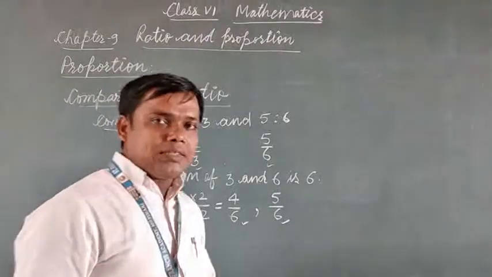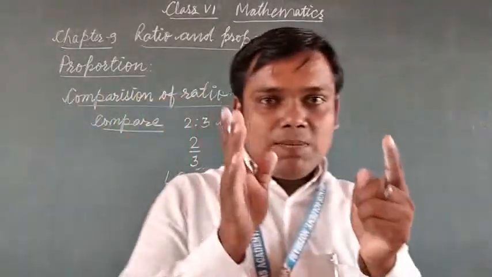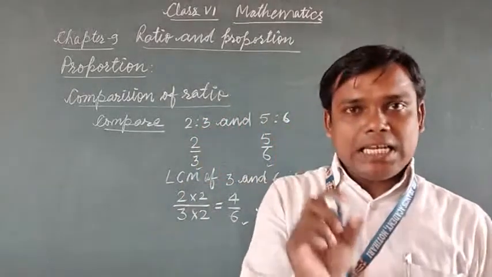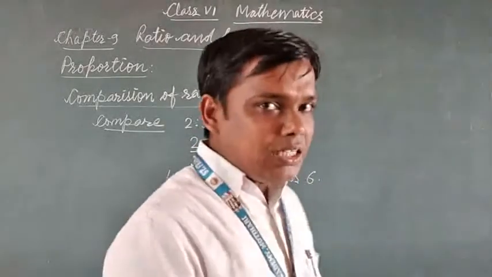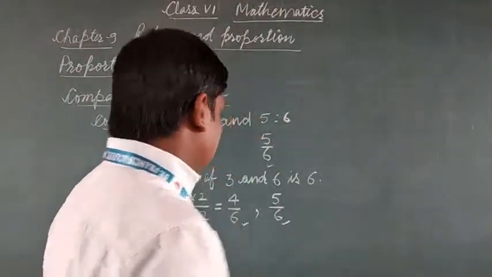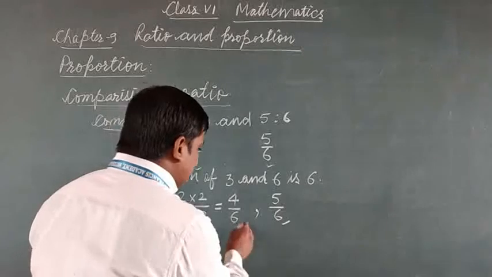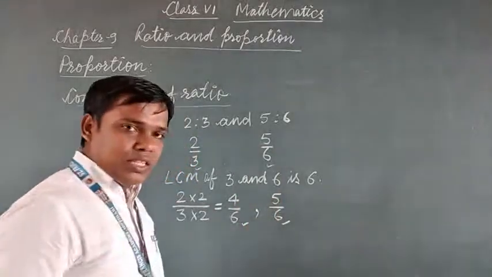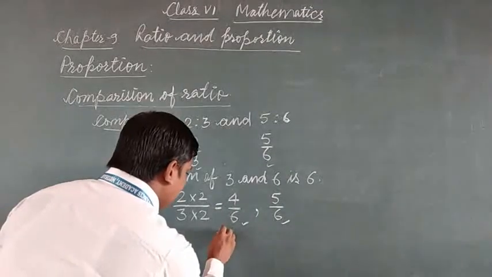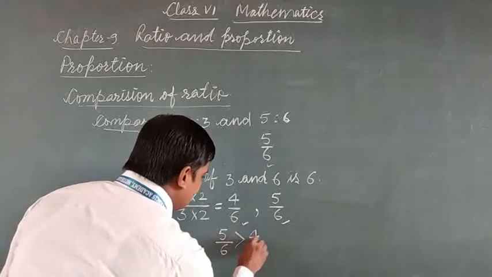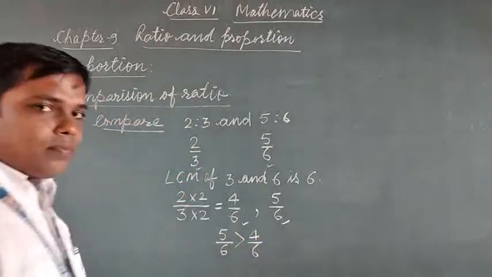Now you know that in case of like fractions, means if the denominator is the same, then the fraction having the greater numerator will be greater. Means in these two fractions 4 by 6 and 5 by 6, 5 is greater. Therefore we can write 5 by 6 is greater than 4 by 6.